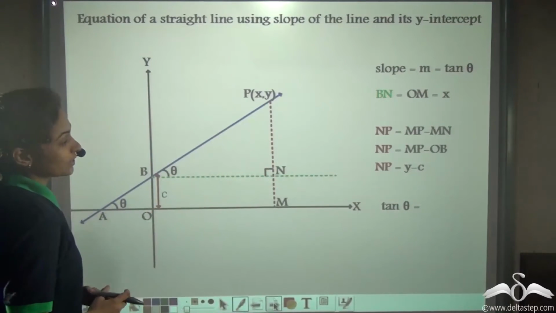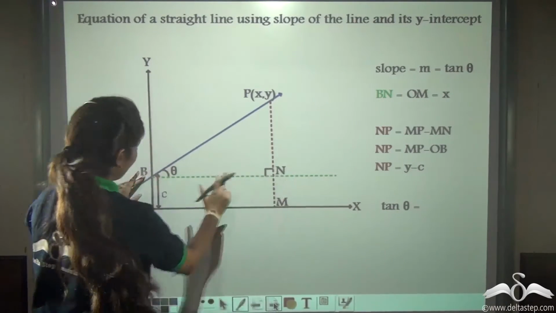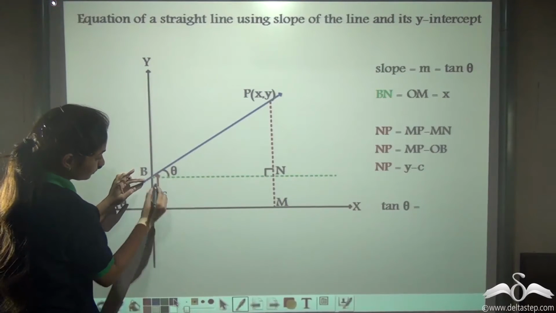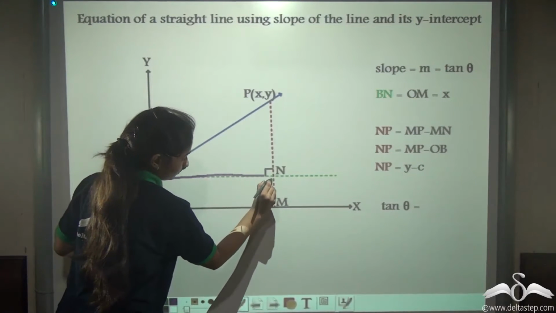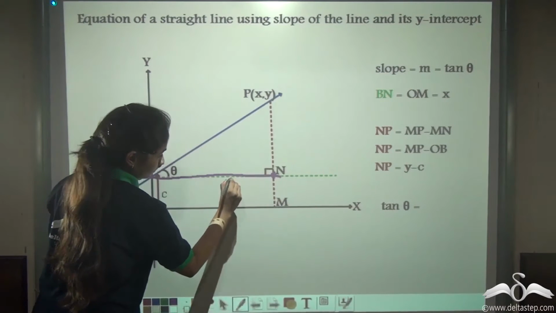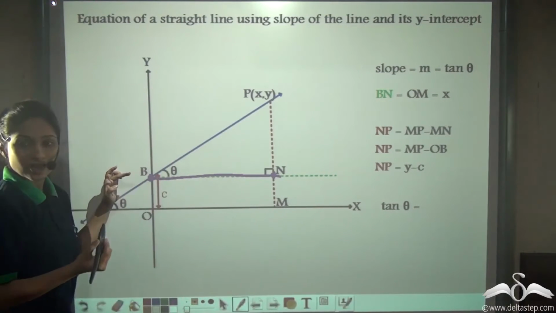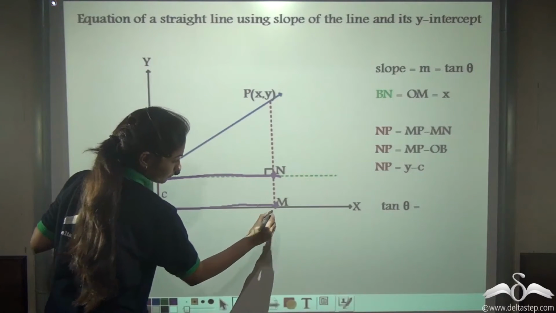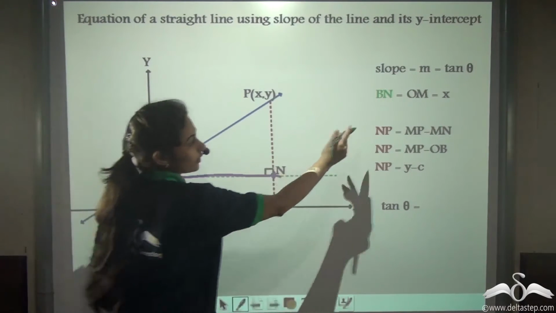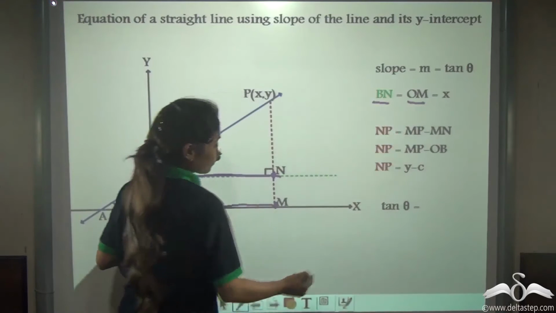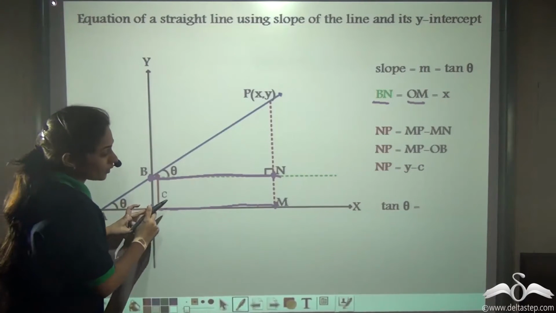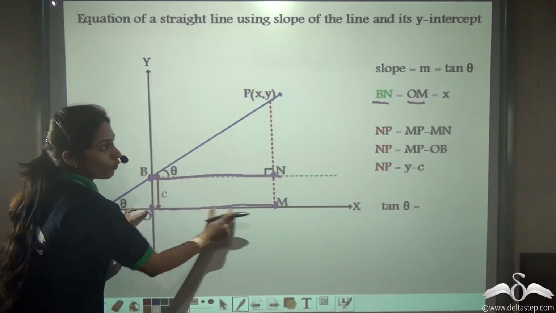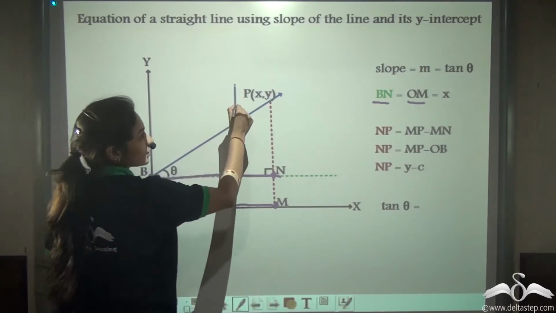Now you can see that this BN is actually equal to OM, the same. So we have written BN is equal to OM. Now, can you tell me what will be the value of this BN or OM using this?